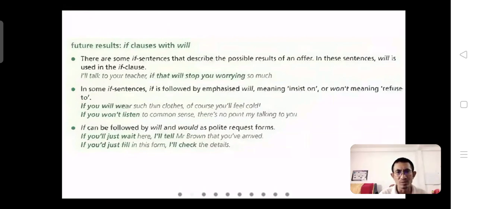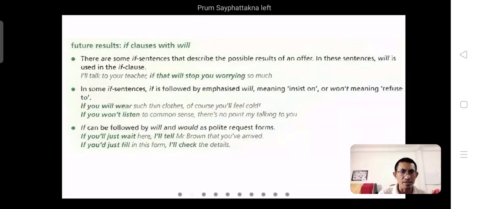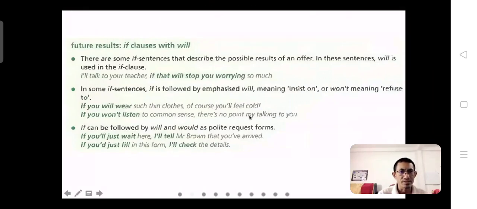If you won't listen to common sense, there is no point my talking to you. So this is the way that you can use will in if clause.